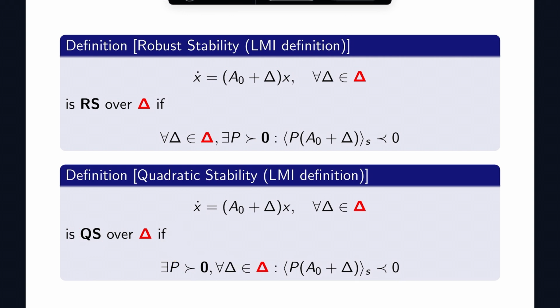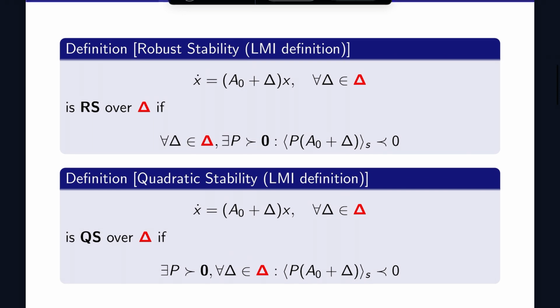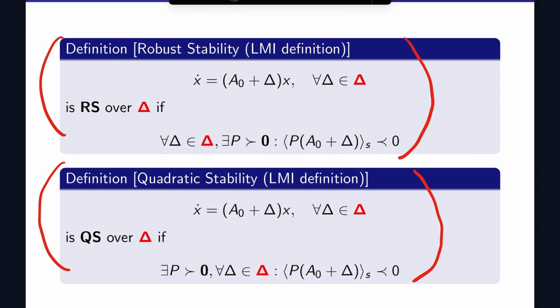So let's go again one more time. Robust stability, quadratic stability. However, the situation is that this is really conservative. And by the way, this is the only thing that you would use when you have a parameter and you know that it is fixed, right? Also keep that in mind.